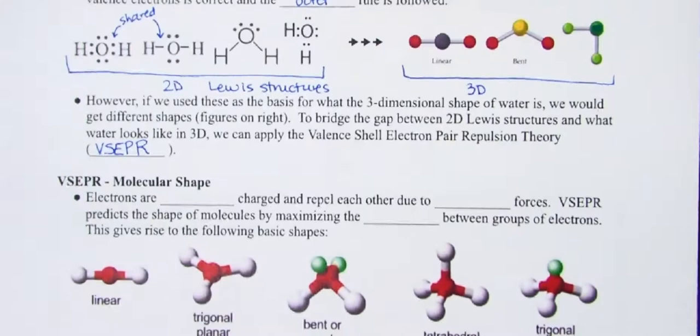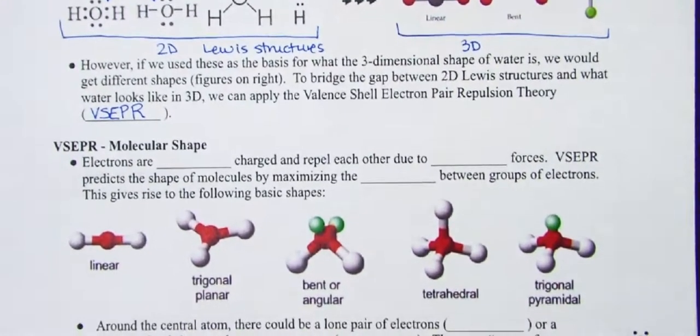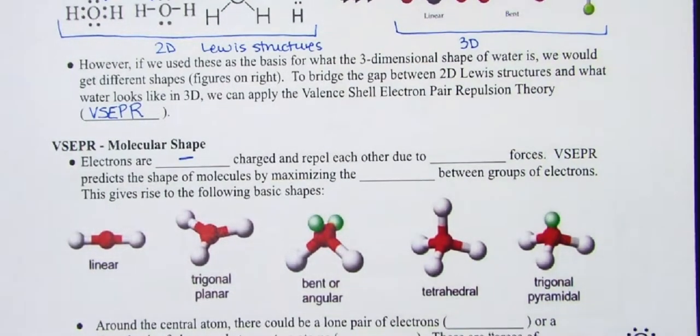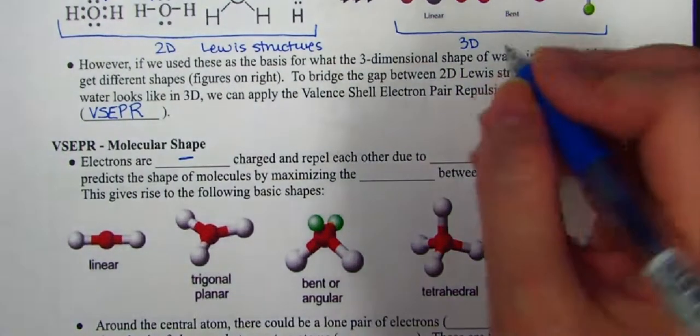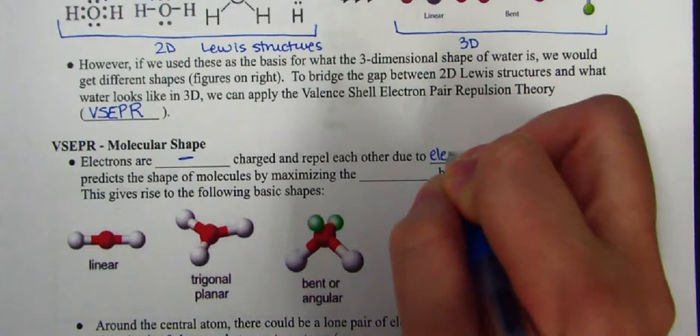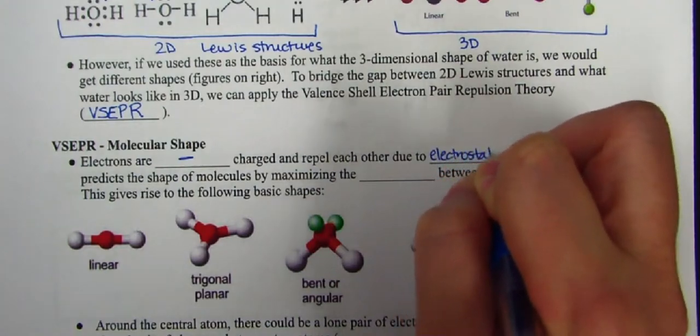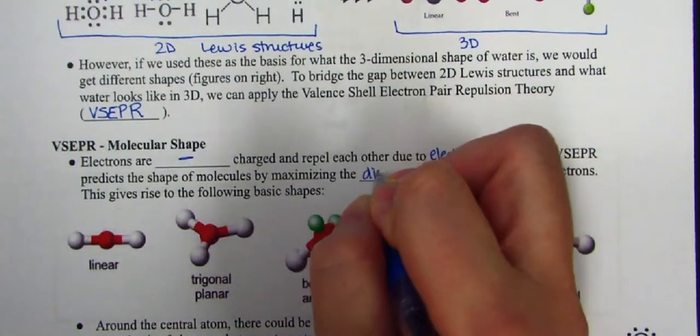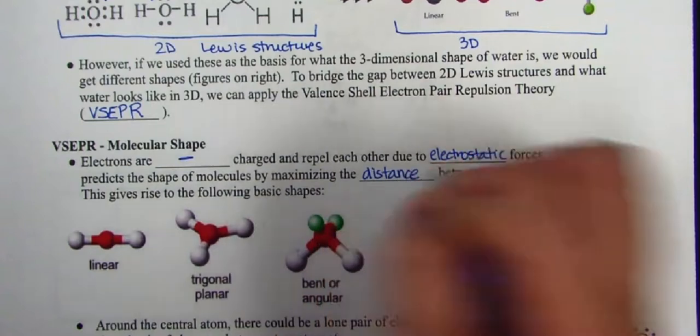VSEPR is based on the fact that electrons are negatively charged, and because they're all negatively charged, they repel each other due to these electrostatic forces. VSEPR predicts the shape of the molecules by maximizing the distance between these negative electrons.